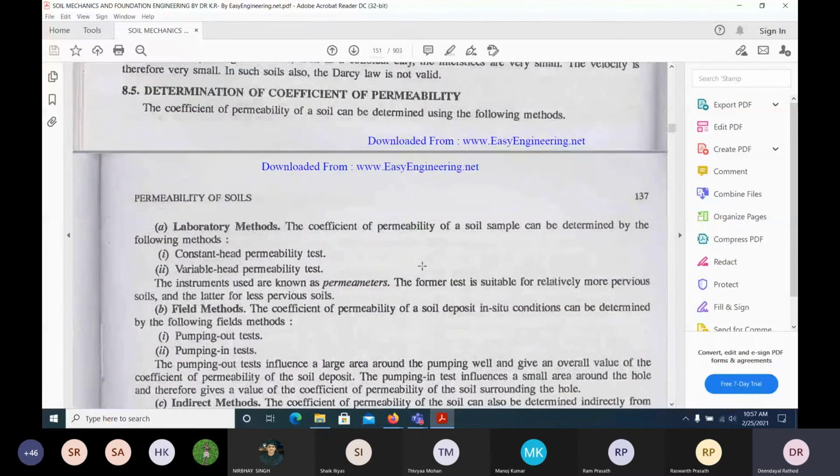How do we determine this coefficient of permeability for a soil?